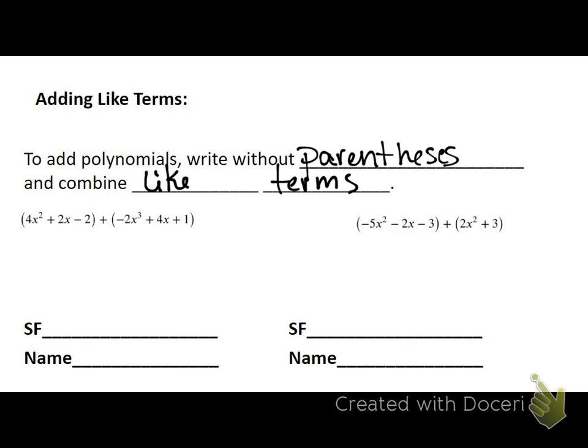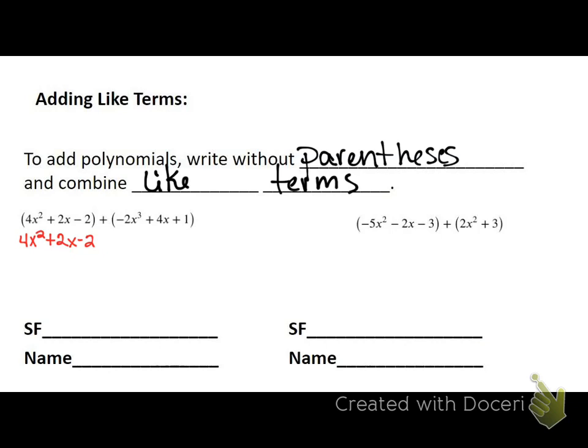So if I'm looking at this first problem here, the first thing I'm going to do is get rid of the parentheses. So I'm just going to write this without parentheses. Plus, so I'm dropping my parentheses. If I have a plus and a negative touching, what does that sign become?